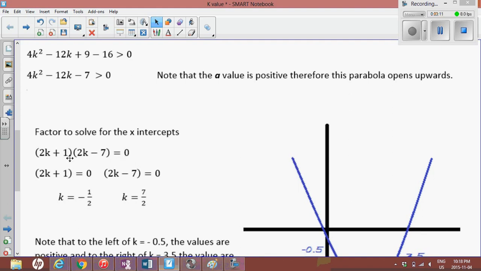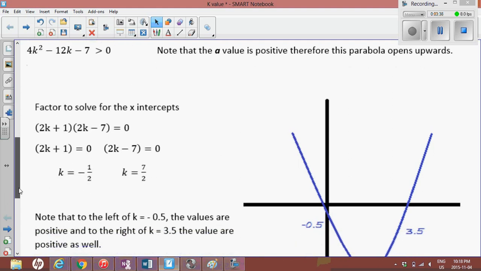If this is 0, the whole thing is 0, so I set that equal to 0, and I solve to get k equals negative a half. If the other factor is 0, the whole thing will be 0, because 0 multiplied by anything is 0. So again, I rearrange this and solve for it. I get k is 7 over 2, or 3.5.